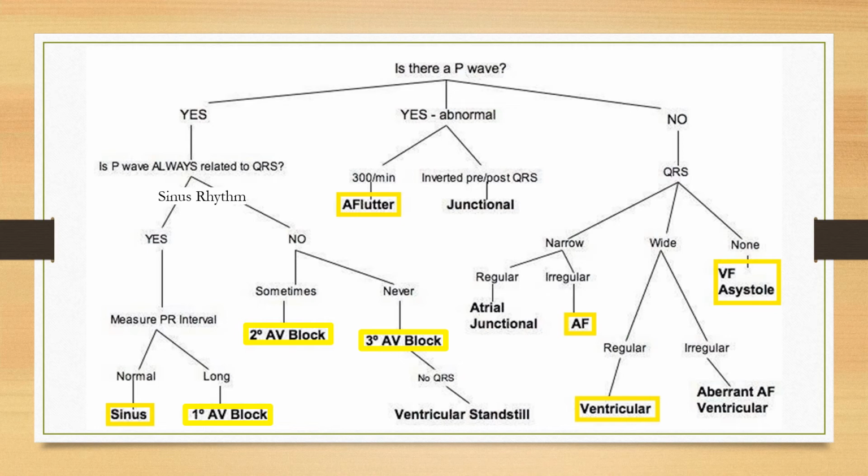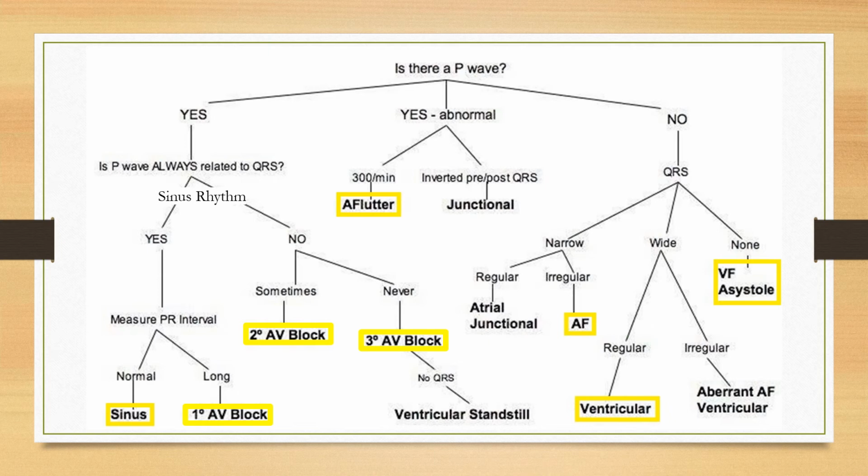Let's go to the left side. Yes, there is a P wave. Is the P wave always related to the QRS somehow? Is there some relationship with the P wave and the QRS? If the answer is yes, it's sinus rhythm, right? So P wave QRS, P wave QRS, P wave QRS, well, that's sinus rhythm.